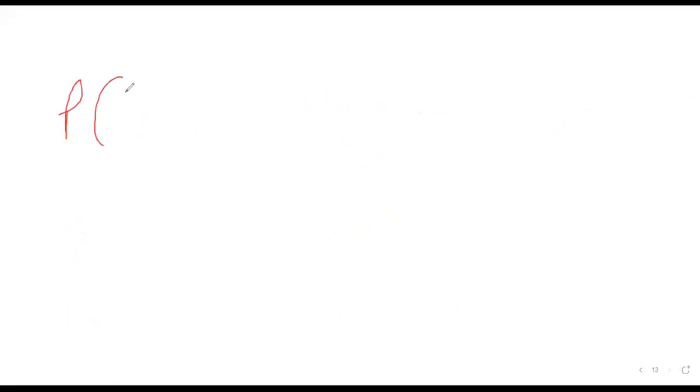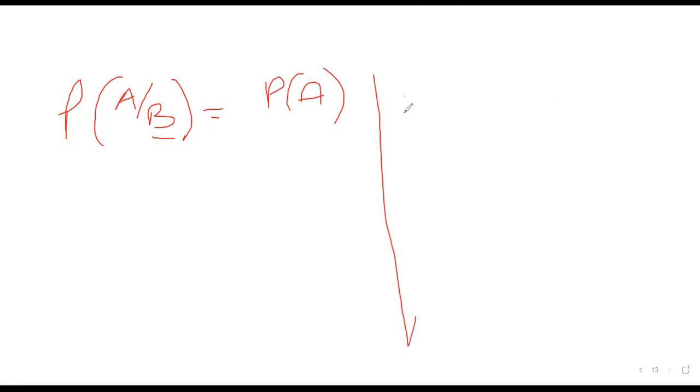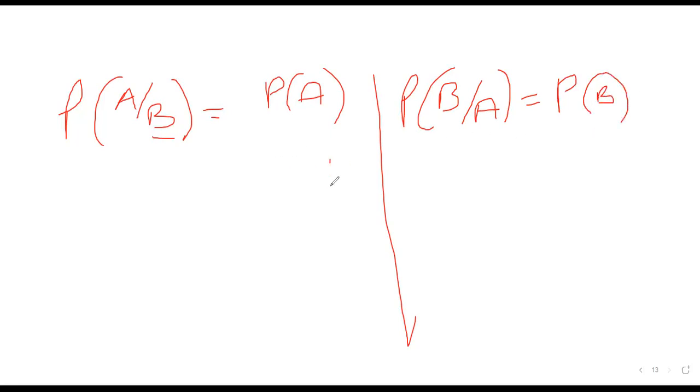If your decisions as A are not affected by the decisions of B. So meaning probability of A given B still remains as A. Regardless of whatever letter is down there, whether we put R, Z, it still remains A. Or if you're given probability of B given A, for this to be independent, it must be equal to what? The top guy, which is B. That's a condition for independence.